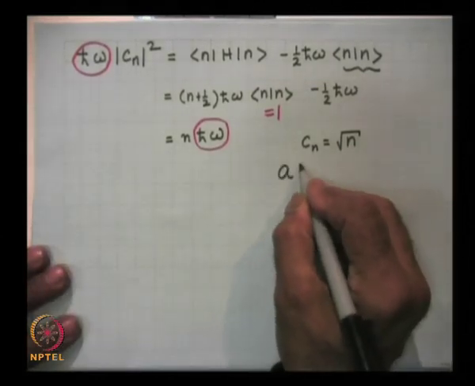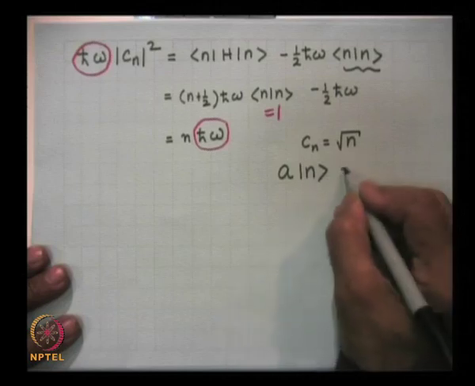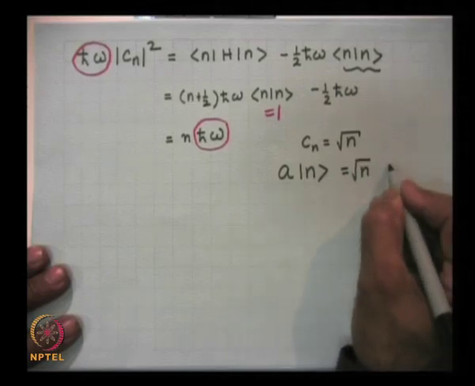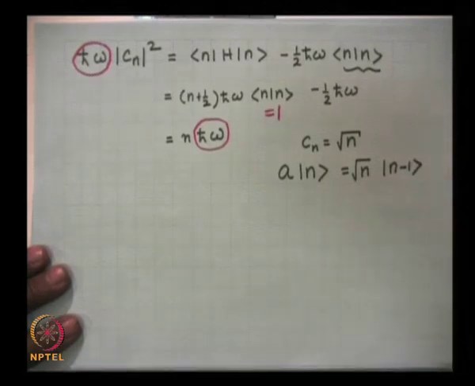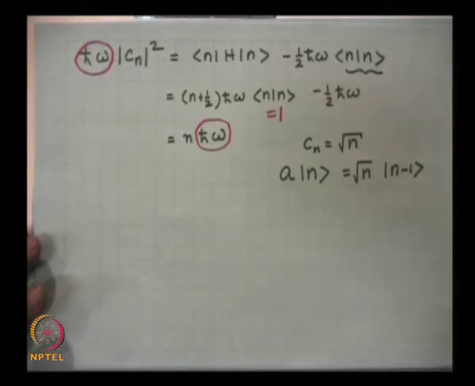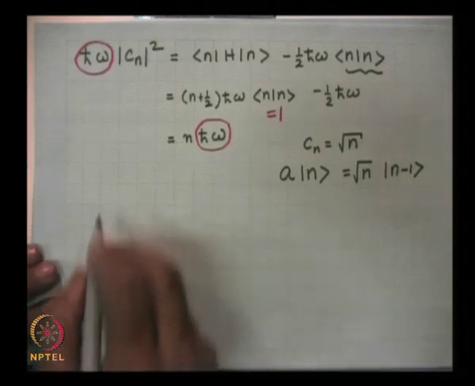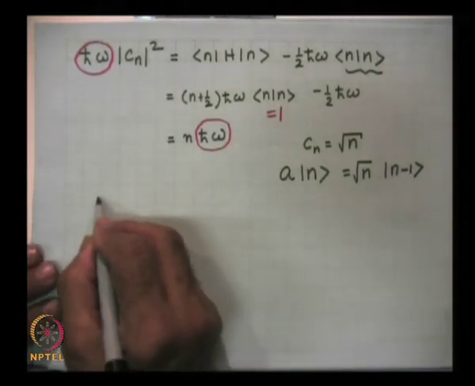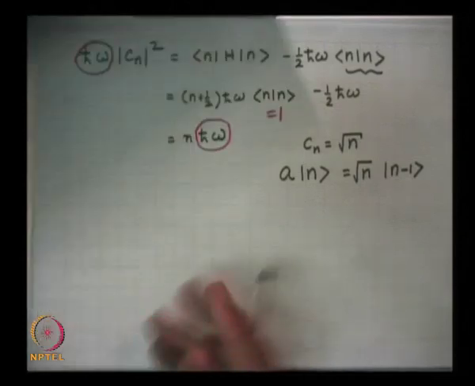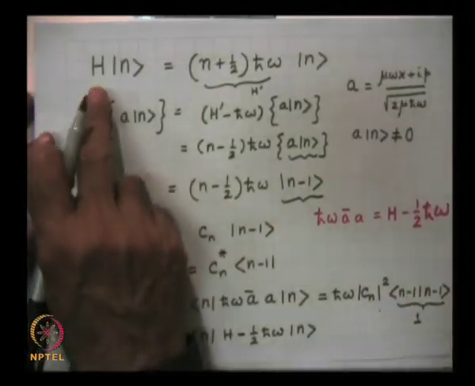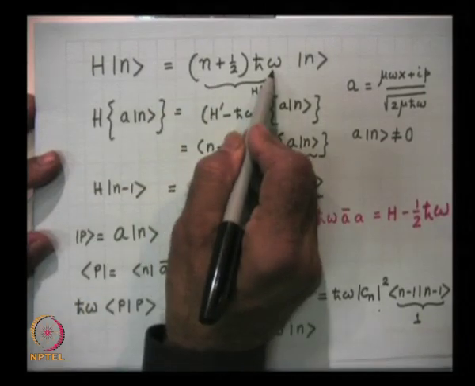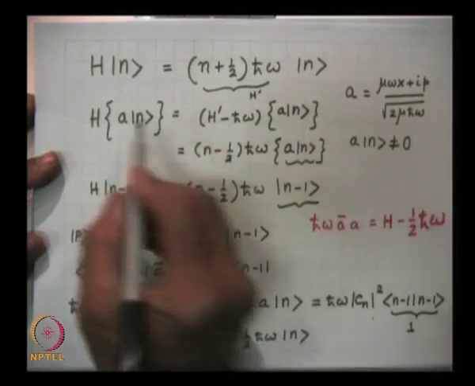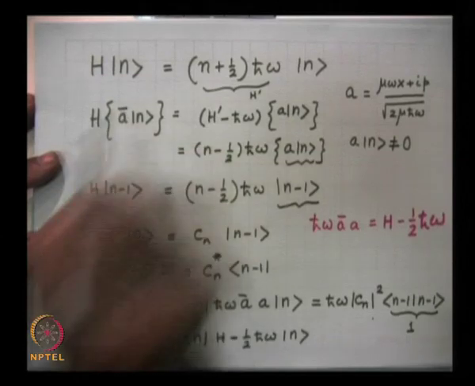Therefore, we get the result that a ket n is equal to square root of n times ket n minus 1. This is a very important result that we must remember. Now, once again, we start with the same equation, h ket n is equal to n plus half h cross omega ket n, and instead of a we write a bar.